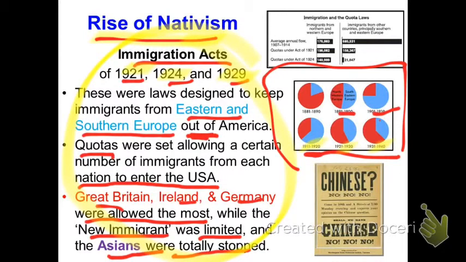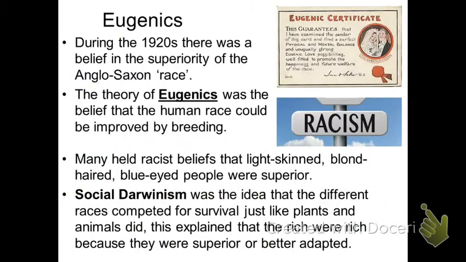But again, we've seen a huge shift, a huge change in immigration from right here to right there, and that is all due to these laws right there. All right, let's move on to our next slide.